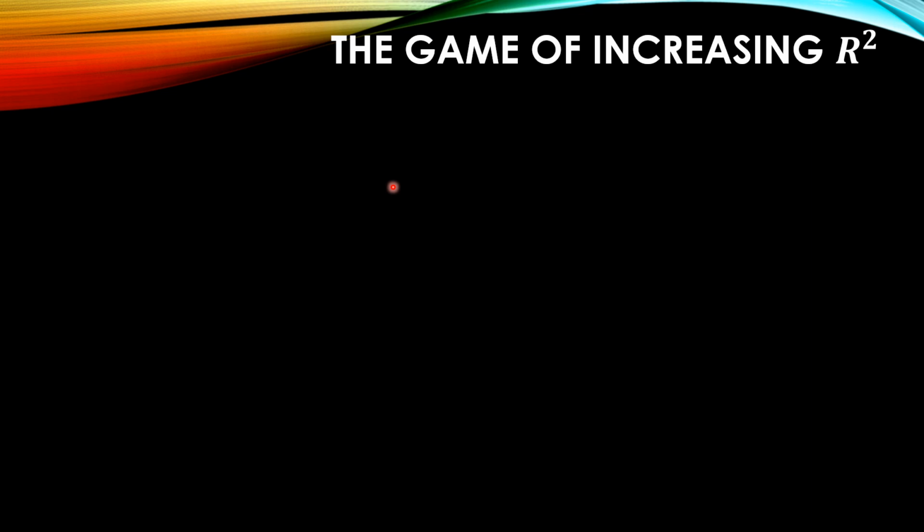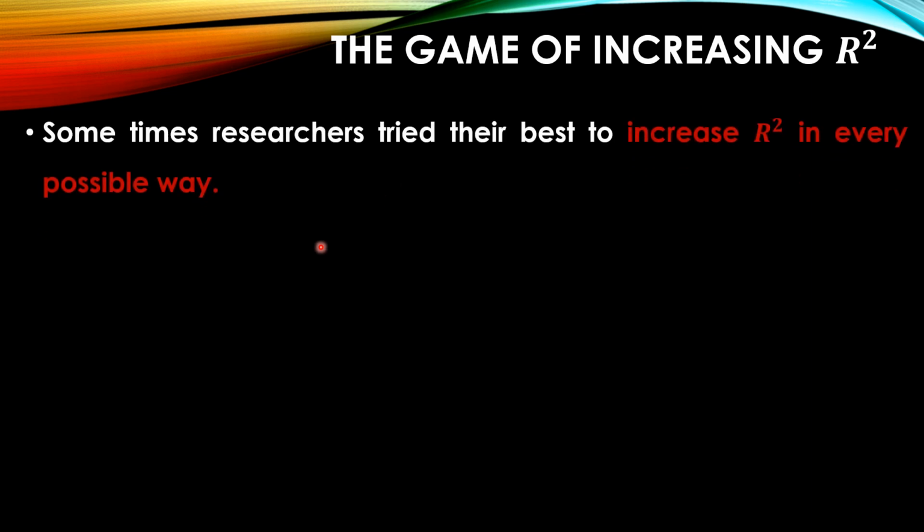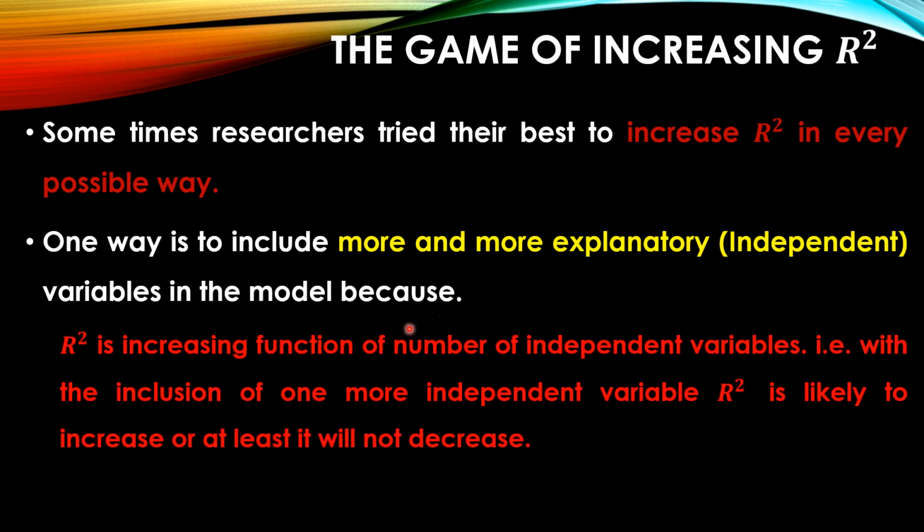Now, the game of increasing R square. Sometimes researchers try their best to increase R square in every possible way when they are modeling. One of the ways to increase the R square is to include more and more explanatory or independent variables in the model, because R square is an increasing function of the number of independent variables.